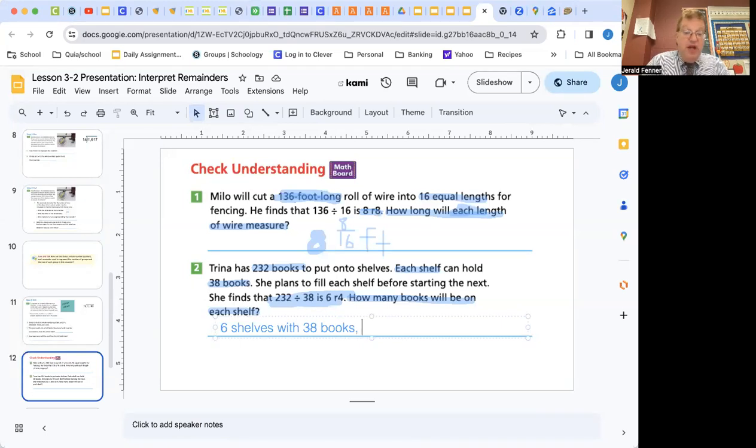There will be 1 shelf with 4 books, because that's how much is left over. Well, there you have it. That is today's lesson.